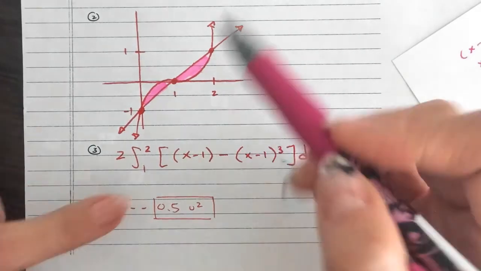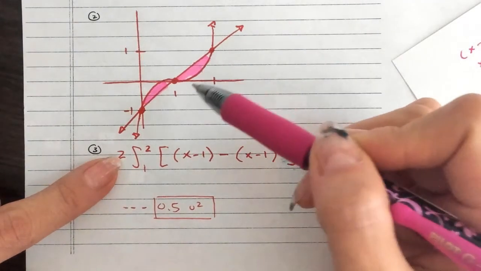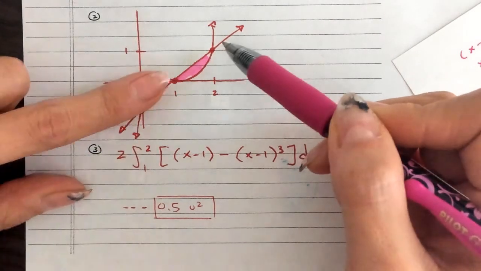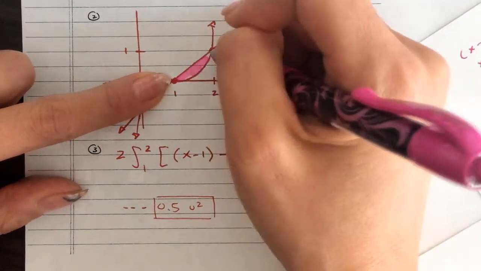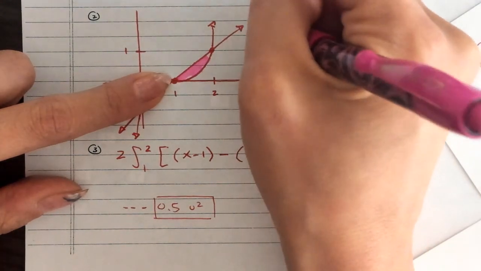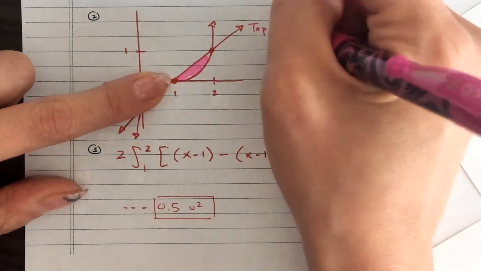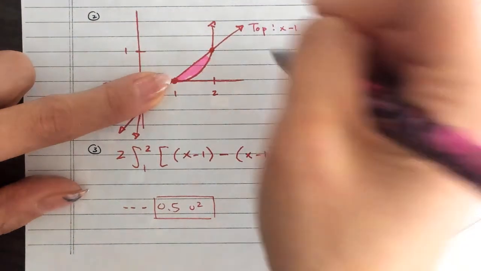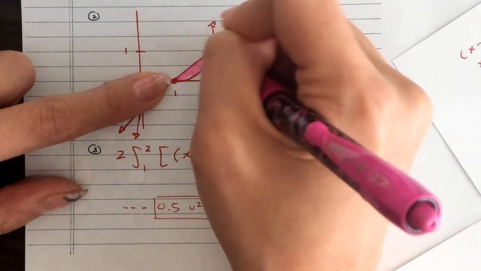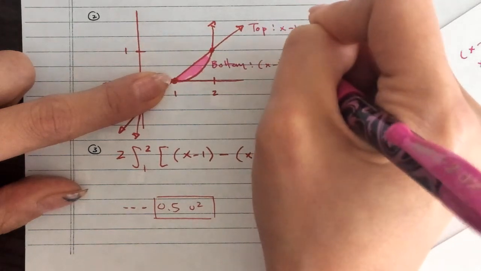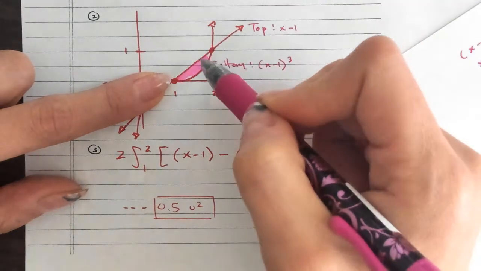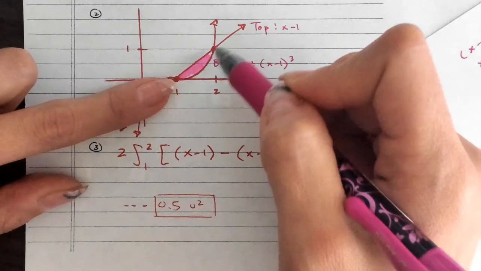So we can do 2 times the integral from 1 to 2, and using 1 to 2, I'm saying now that this is my top, which is x minus 1, y equals x minus 1. And I'm saying this one is my bottom, which is the x minus 1 quantity cubed. So now my top and bottom, I'm just using this part from 1 to 2.